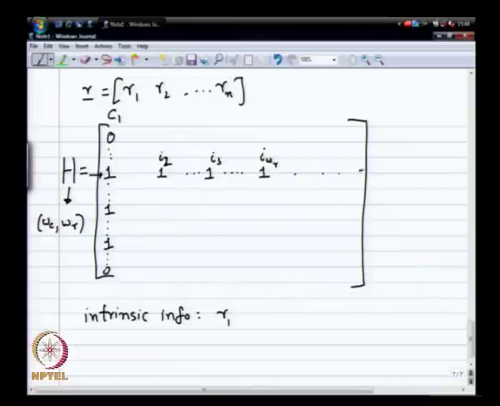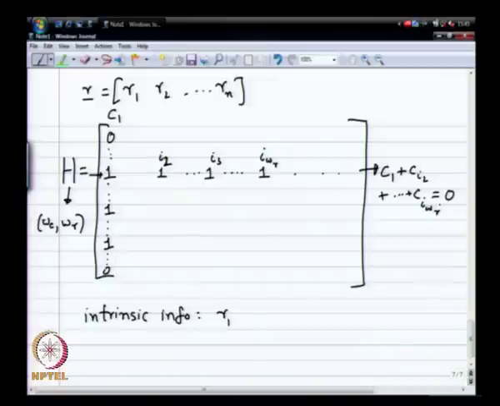What information does this give me? This is telling me C1 XOR CI2 XOR so on till CIWR is equal to 0. So from this equation, what extrinsic information can I get about C1 from RI2 through RIWR is the question.